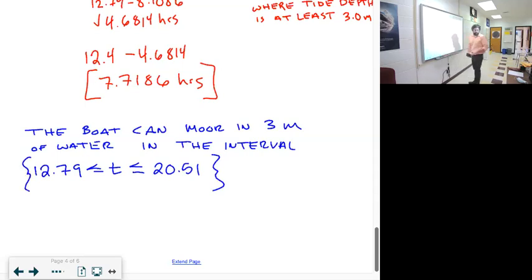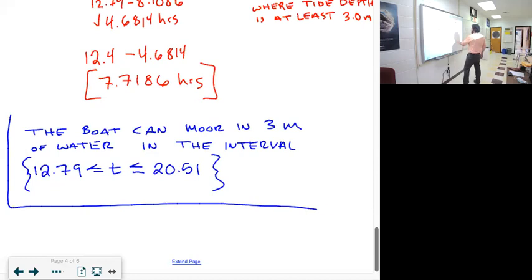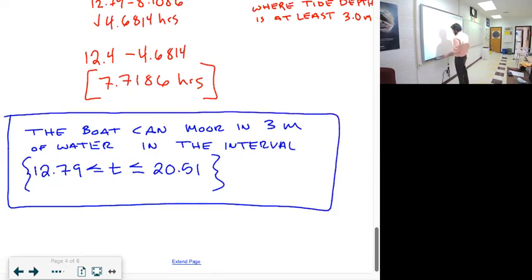So this is saying at 12.79 hours after midnight, all the way to 20.51 hours after midnight, the boat can safely moor in 3 meters of water. I just wanted to clarify that because we didn't get to finish it. And that's it.